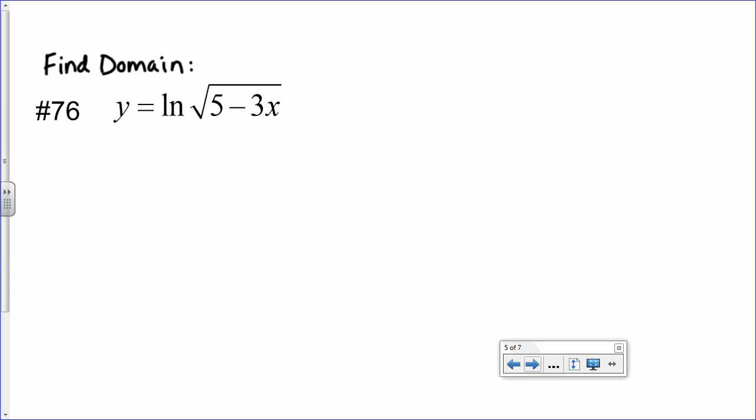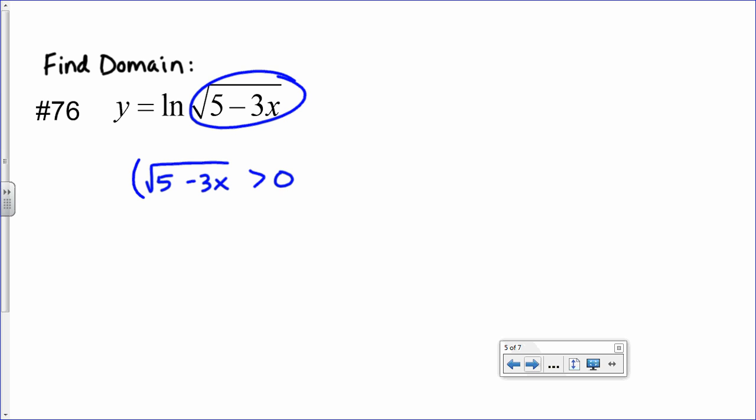So you are taking the log of this radical function. Okay. Radicals, you can still think about critical numbers, but you're only going to have one. All right, let's just solve this. Try to get x by itself.